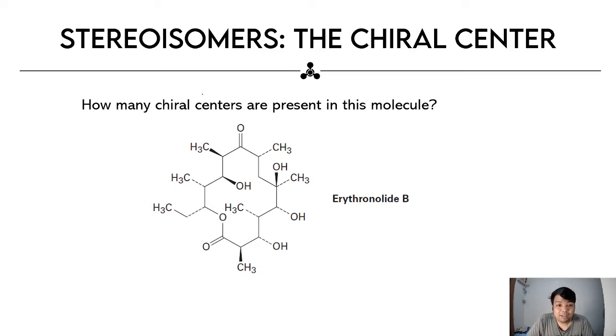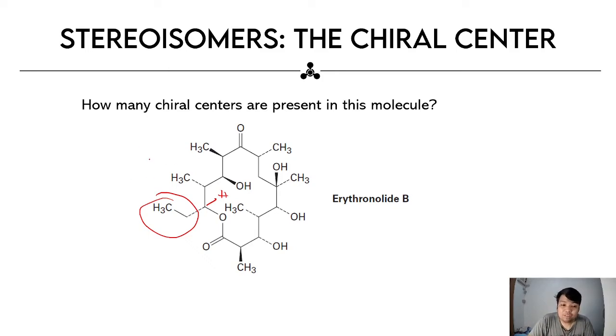Now, remember, in the skeletal structure, if there is one bond missing in our carbon vertex, like this one here, that means that bond is a CH bond. So this one here is a different substituent, and it has a hydrogen atom here.